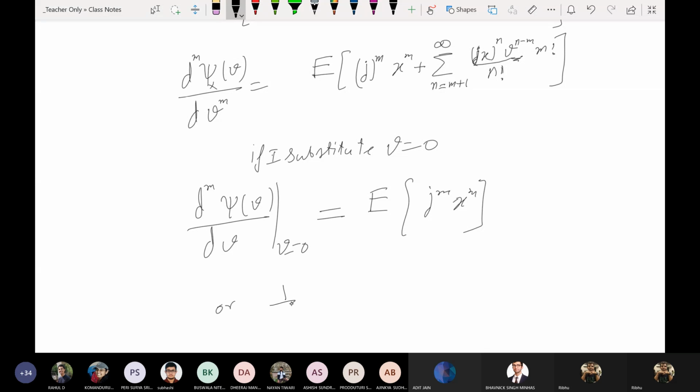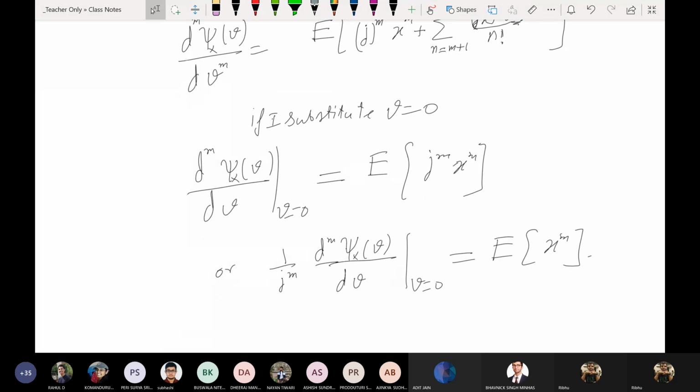So 1 upon j to the power m times the m-th derivative of psi x with respect to v equals expectation of x to the power m. So we can use the characteristic function to calculate the nth order moment of a random variable. Fine.